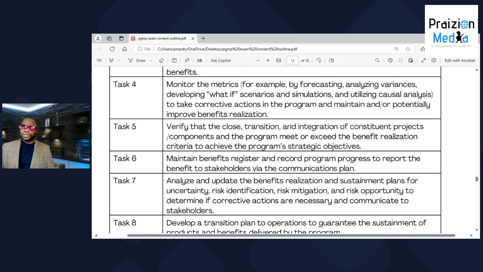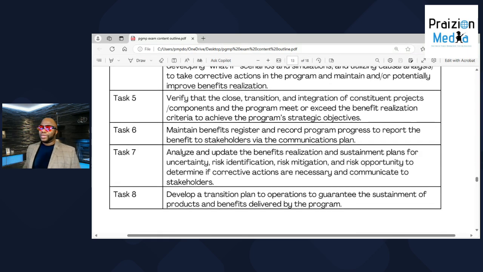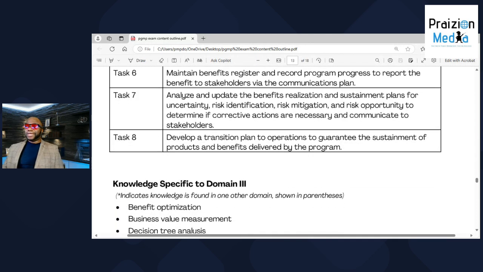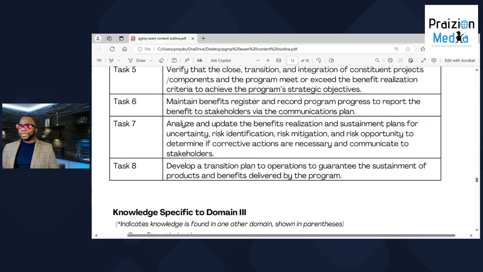For example, by forecasting, analyzing variances, developing what if scenario analysis, you got to monitor the metrics and be ready to act. Number five, verify that close, transition, and integration of constituent project components and the program meet or exceed the benefit realization criteria.